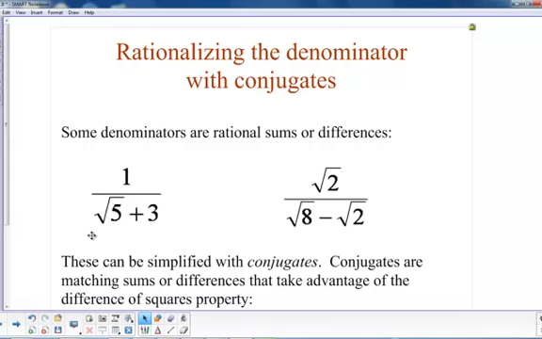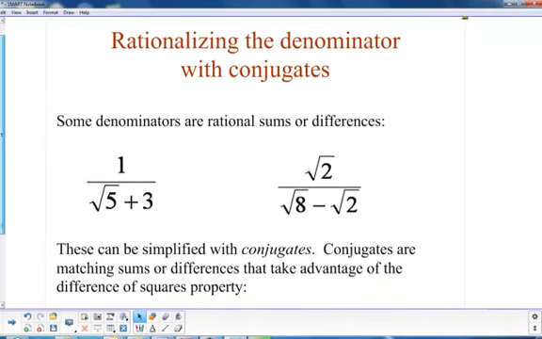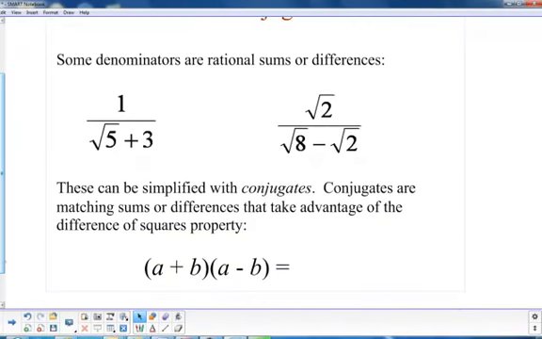All right, there's something called a conjugate, and that's when you have this plus or minus. And if you remember the difference of squares, when we multiplied this out, the OI of FOIL canceled. The middle two terms cancel.